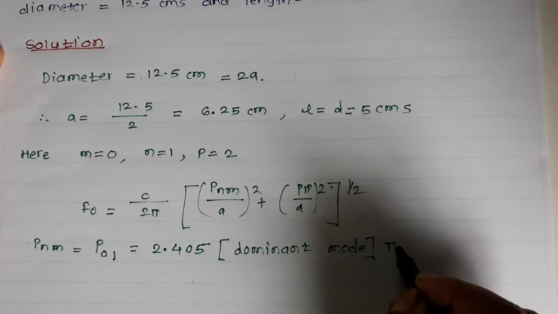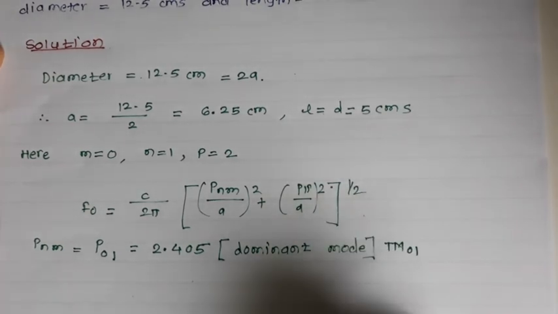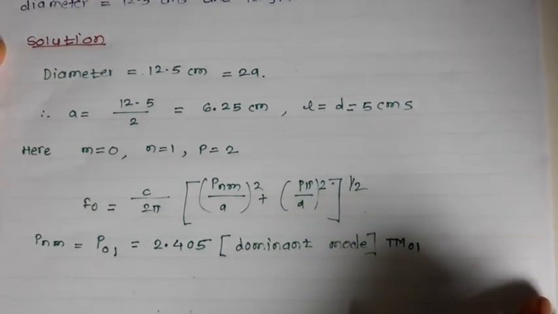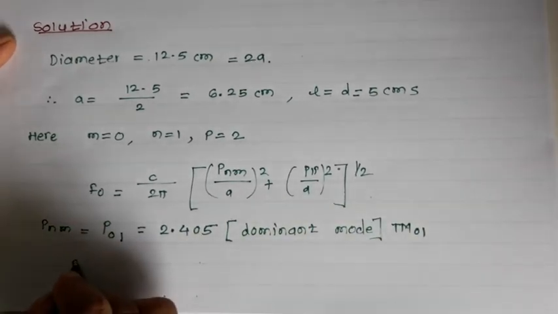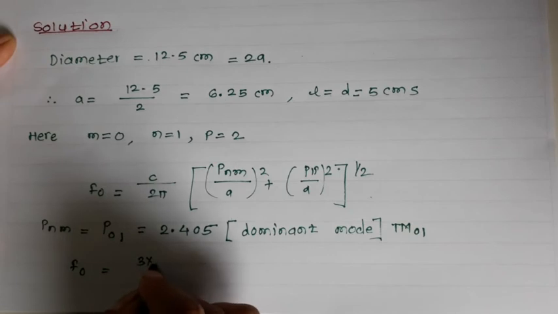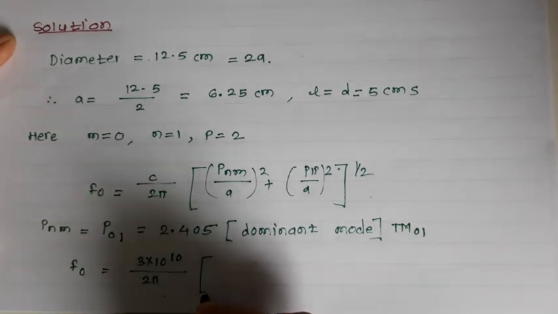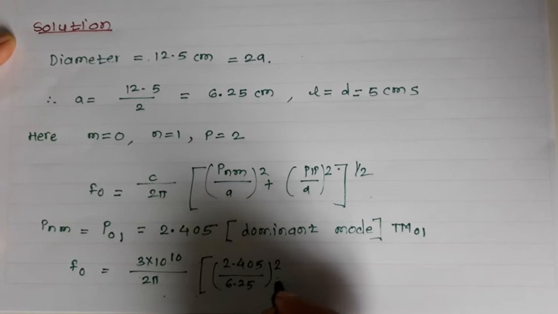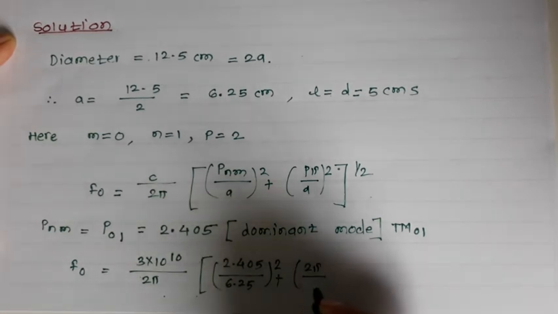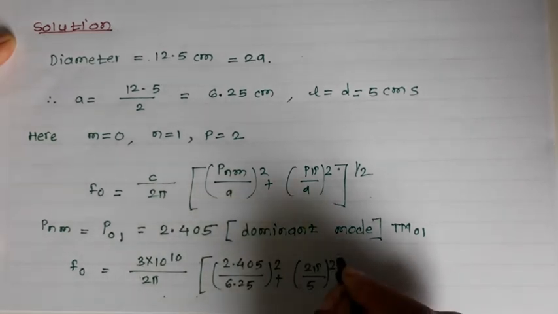So for TM01, whenever you put all these things in, F0 will be C, 3 into 10 raised to 10, divided by 2 pi, times the square root of (2.405 divided by 6.25) square plus (2 pi by 5) square.